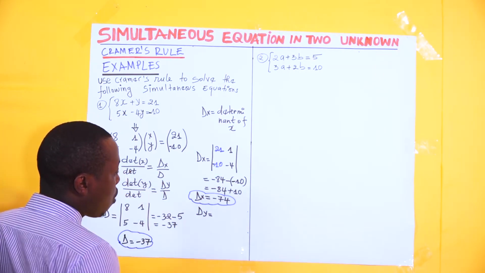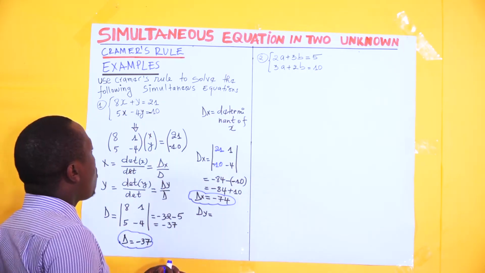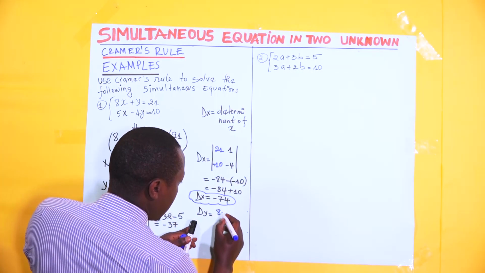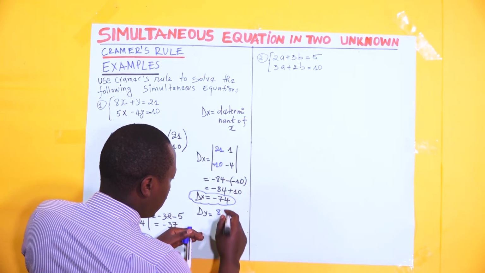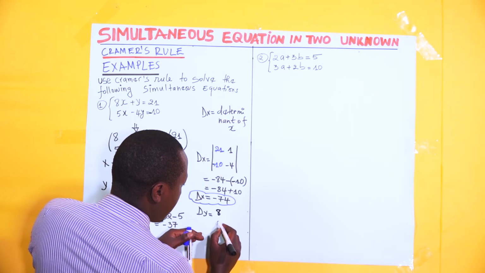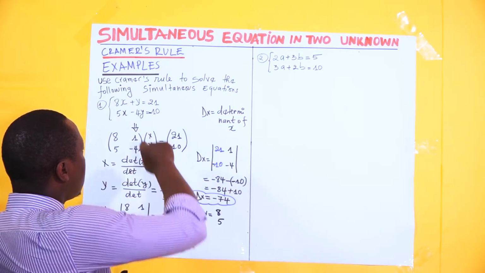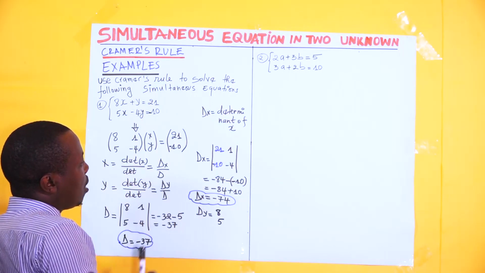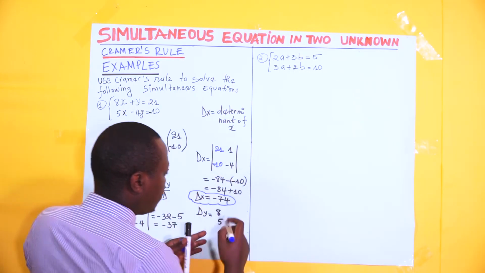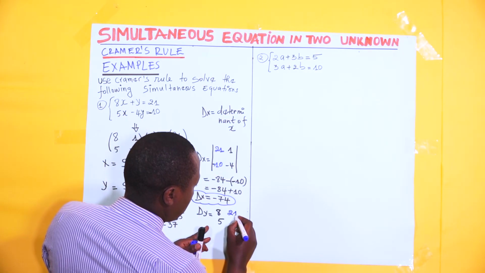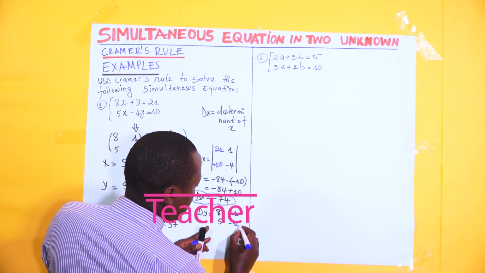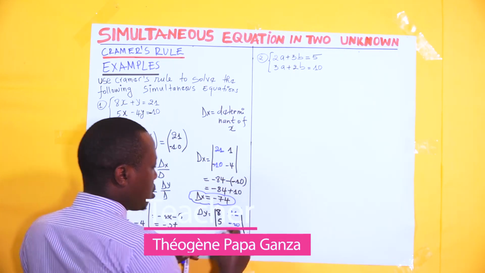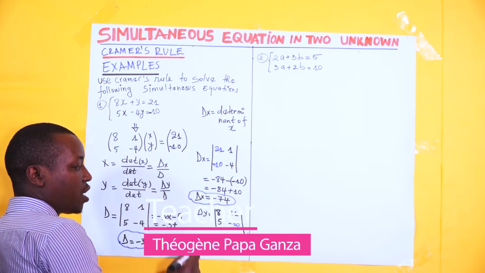So we are going to find dy, the determinant of y. We take the coefficients for x, which are 8 and 5, yes? Then in place of the coefficients of y, we substitute the numbers that you see here, and we write 21 and 10. So these are the numbers that I'm going to use for finding the determinant of y.